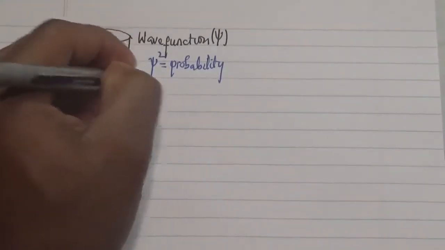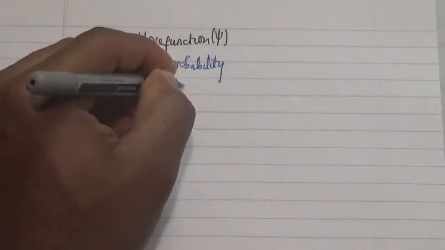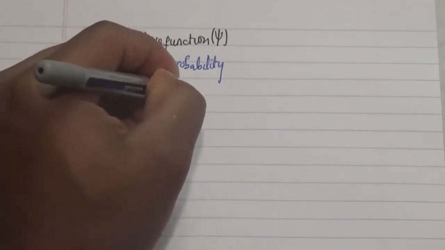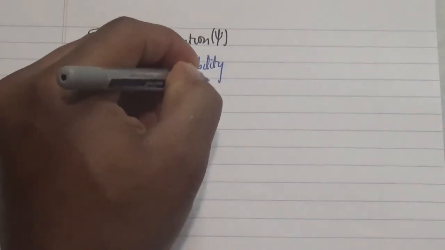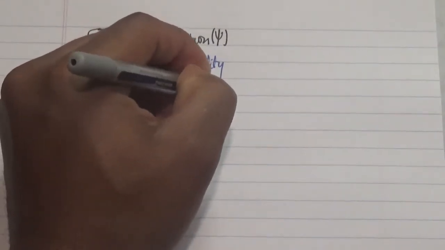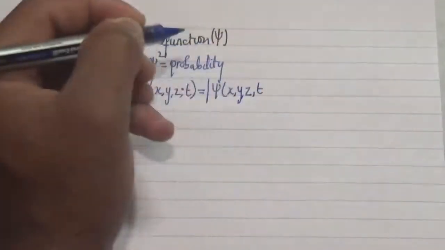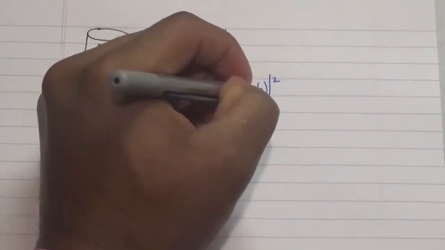We have P of x, y, z coordinates, adding time to it. We cannot use a semicolon in this case before time. This is equal to the wave function in x, y, z, including time, absolute value squared.